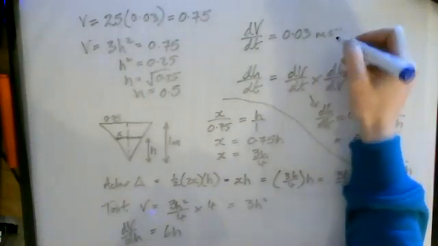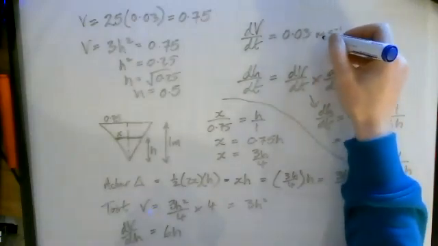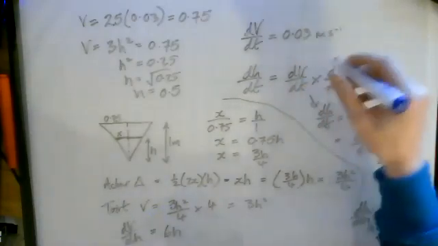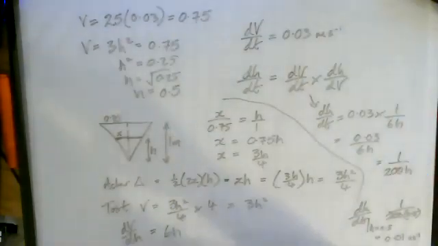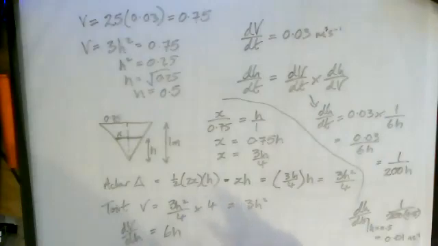So that means every second, 0.03 meters cubed of volume goes into the trough, so it should be meters cubed per second.